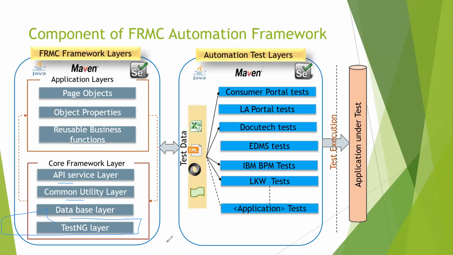Then the automation test layer is nothing but a separate project. They are separate Maven projects, not modules. We have consumer portal test, LA portal test, Docker test, EDMS test. These are all separate Java projects which we have created. Actual scripting happens here.